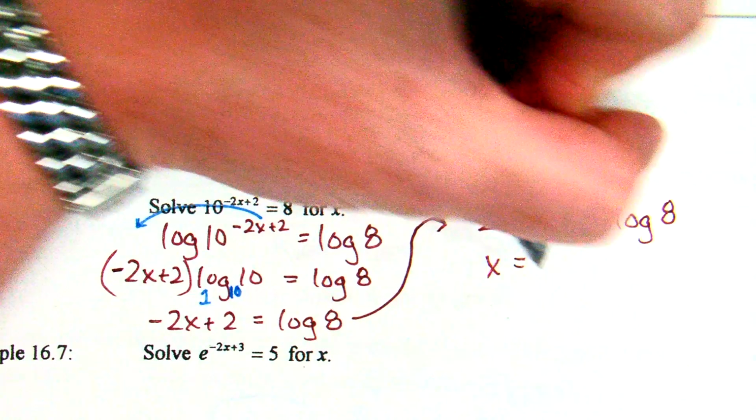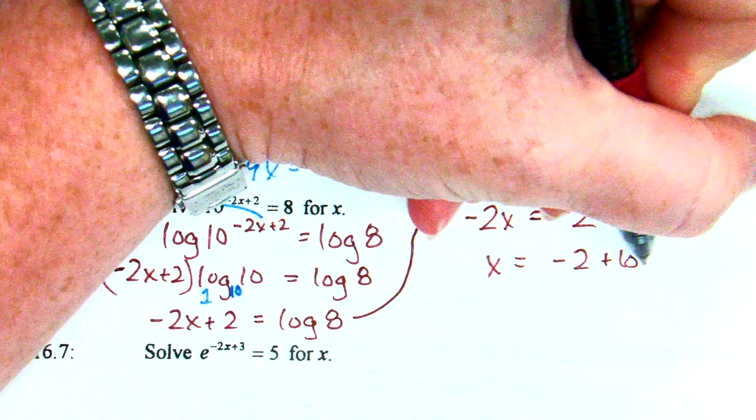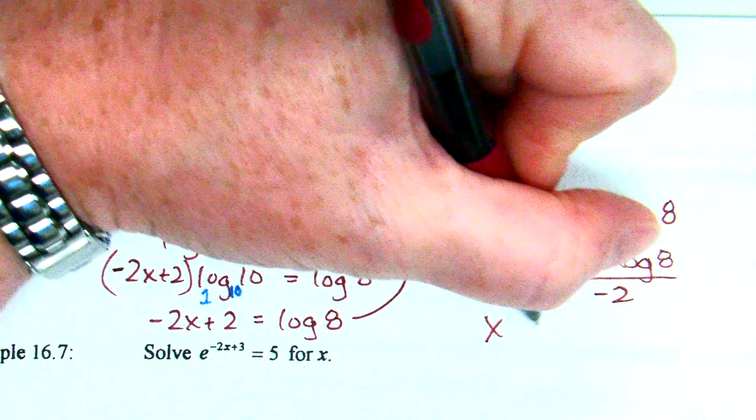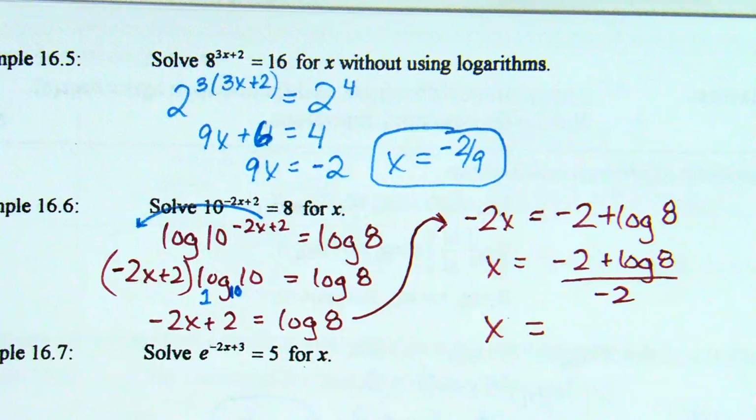So x is negative 2 plus log 8 all divided by negative 2. Plug it in the calculator and get an answer. Either do negative 2 plus log 8 and then hit equals and then divide by negative 2, or use parentheses around that first part.